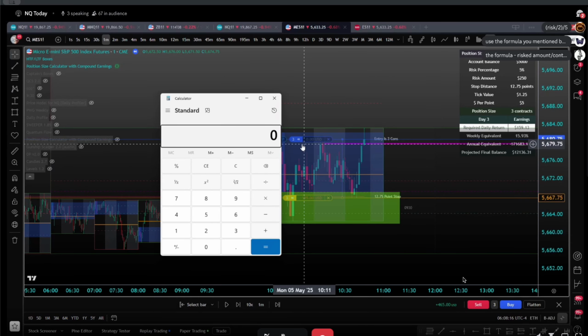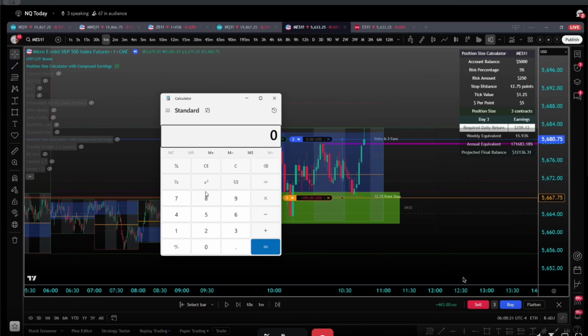We know that we're going to take 2 contracts off. Yes, 2 contracts off this risk. So it's going to be 195 divided by 2. All right. Divided by what? So we got 97.5.